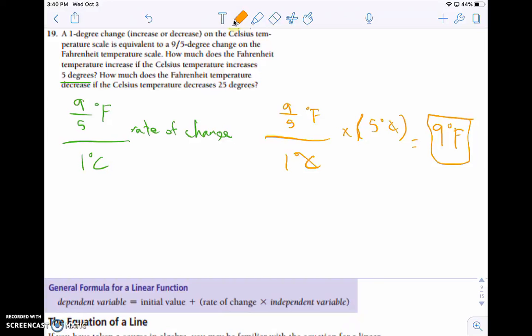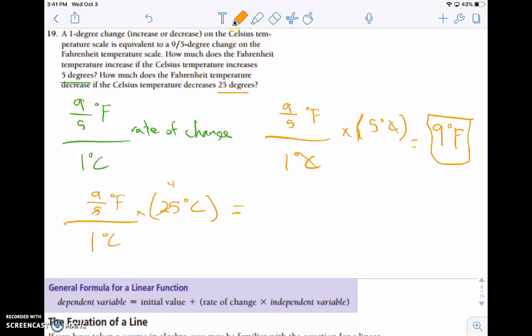And then what about if we are increasing or decreasing by 25 degrees? Again, we're going to use that same rate of change, 9/5 degrees Fahrenheit for every 1 degree Celsius, times 25 degrees Celsius. And if I multiply those out, the 5s are going to reduce here.